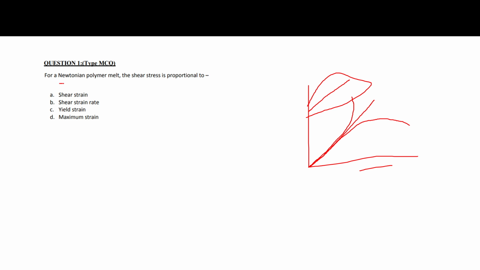The first question was: for a Newtonian type of polymer melt, shear stress is proportional to what? Shear strain rate, yield strain, or maximum strain.